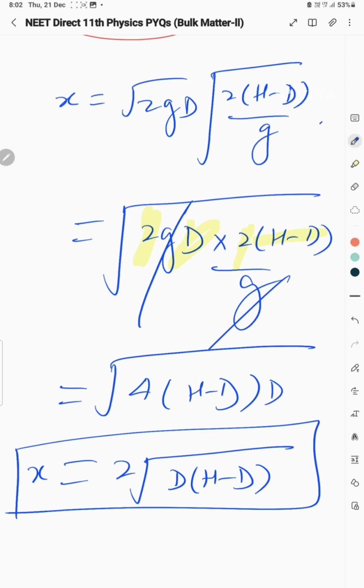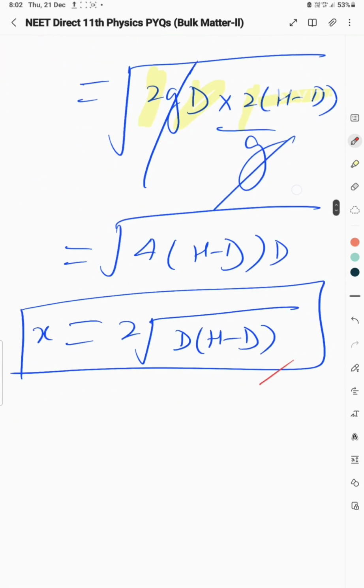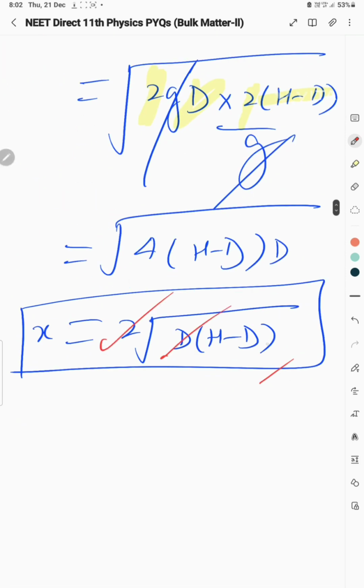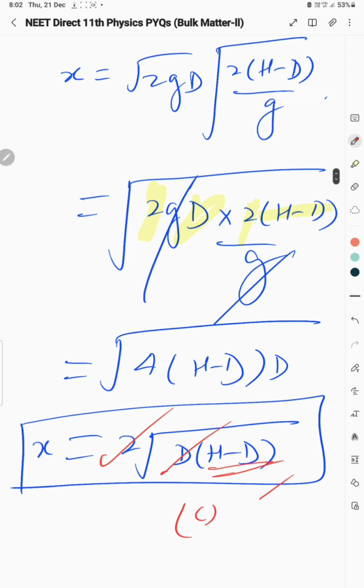So let's check out which option has this correct option, 2 times square root of d into H minus d. Well, I think this is there. Yes, it is C option, 2 square root of d into H minus d. So option C is the correct option for question second.